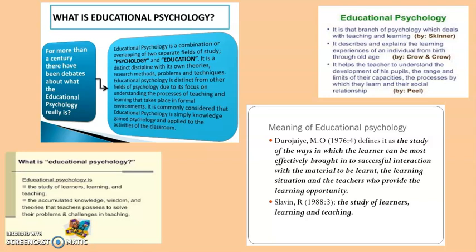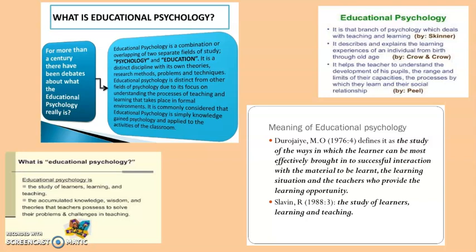So there are various definitions to educational psychology. Depending on your focus, you will define it differently. So if you have a more scientific approach, then of course your definition will be more scientifically focused. If you are in the area of education, then you will be looking at educational psychology from an education focus. So it depends on the way in which you view it, of course. So you as students will begin to develop your own understanding of the term educational psychology and how it fits into your world at this point.